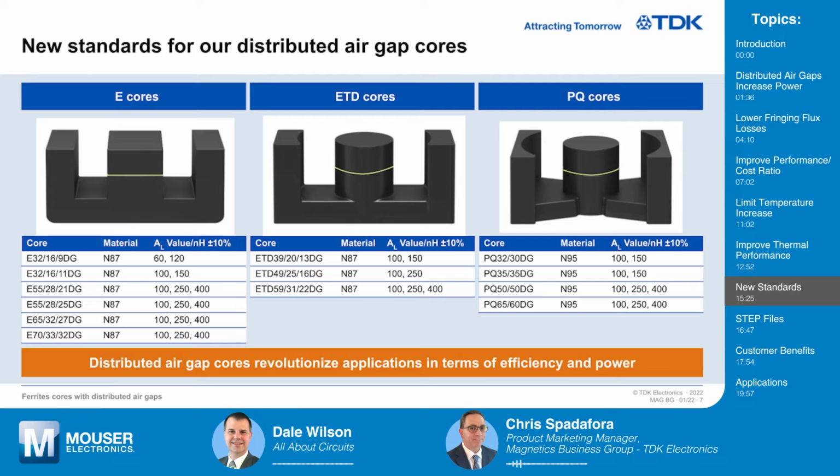And as you can see here, we offer them in E cores, ETD cores, PQ cores. We also offer them in many other core configurations and materials as well. The process itself lends itself to being incorporated in almost any core geometry or family and size, and almost any given material offering in our portfolio.